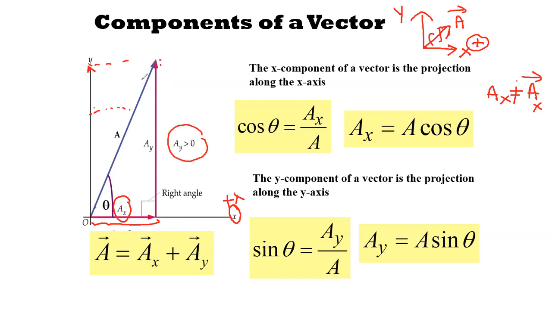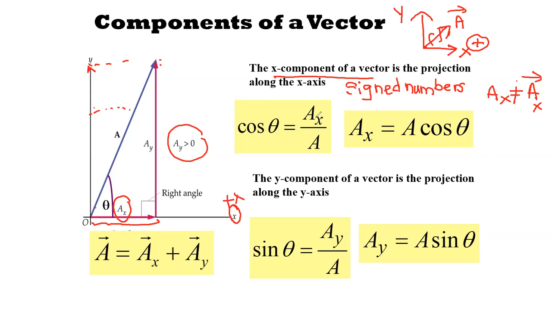Now I need to figure out what this AX is. AX we call the x component of the vector. These components are signed numbers, which means they could be positive or negative.